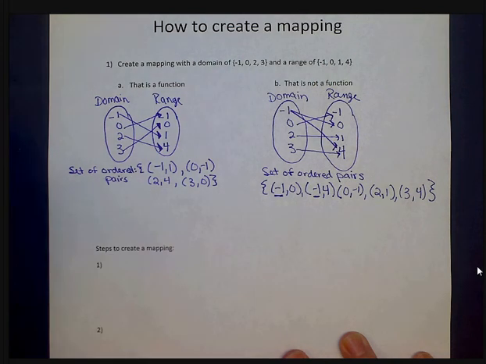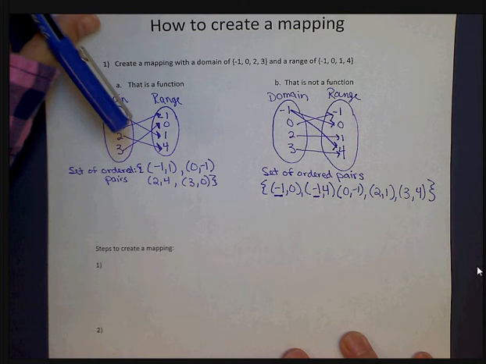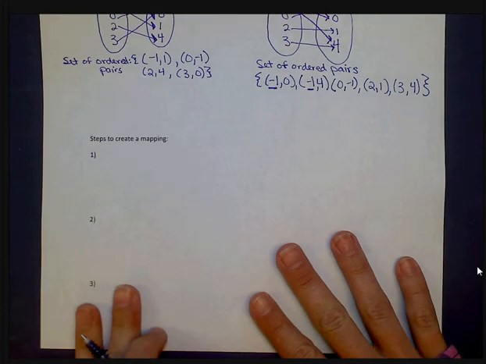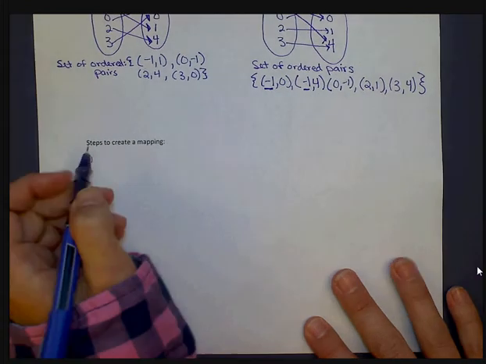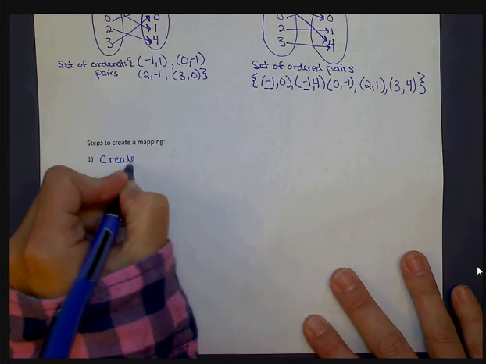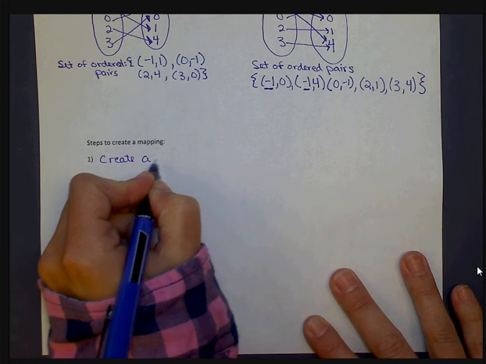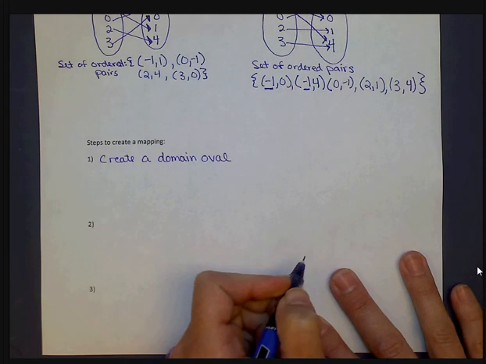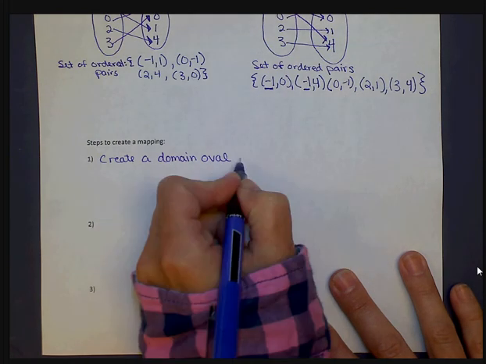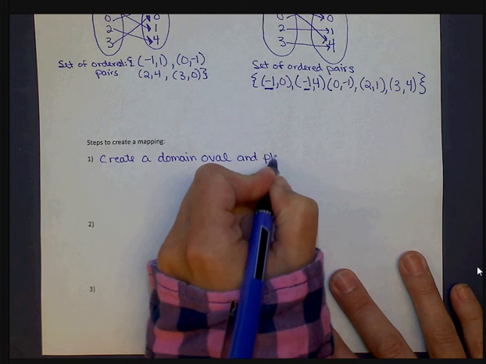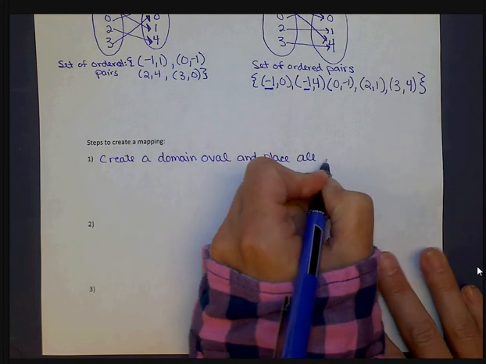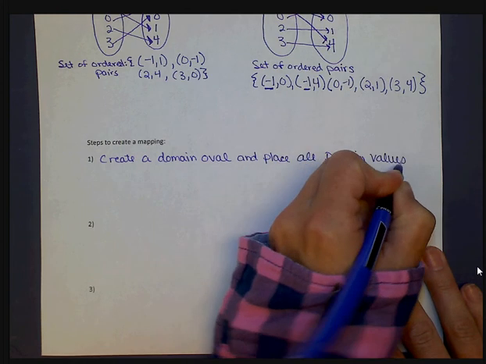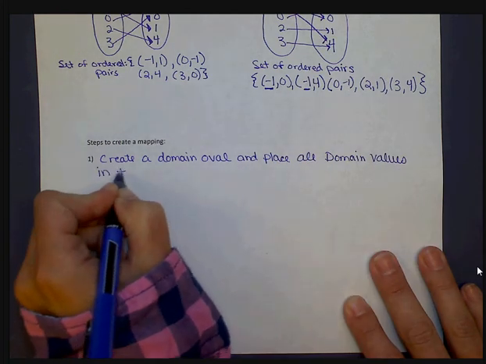Alright, so now let's write some steps so you can remember how to create a mapping. So remember, step one was to create a domain oval and place all domain values in the oval.